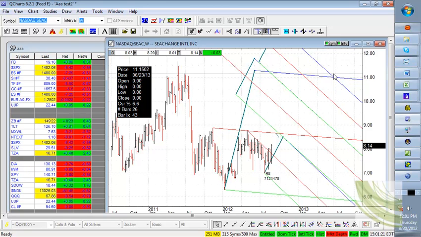Okay. So while the GANN folks are looking at getting long here and getting out here, what you're looking for is a nice 5-wave pattern on the weekly, and then you'll have it, and chances are the end of the move will be near one of these lines or right on. It just works out nicely.